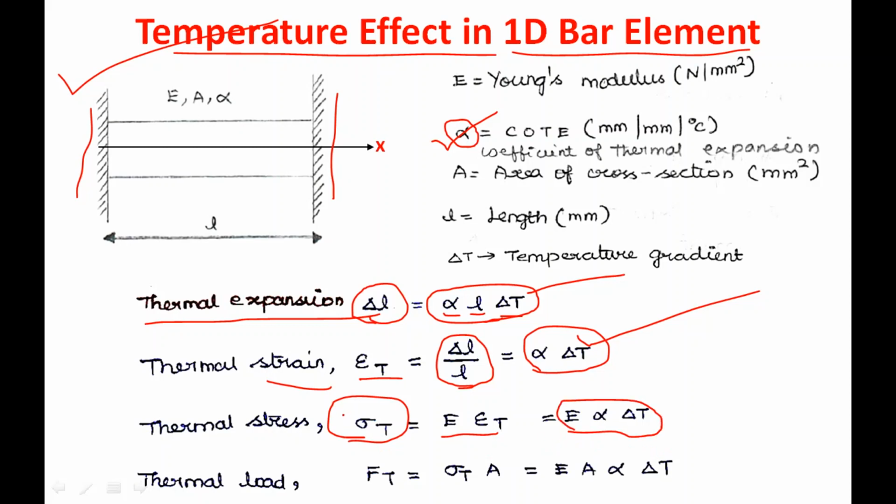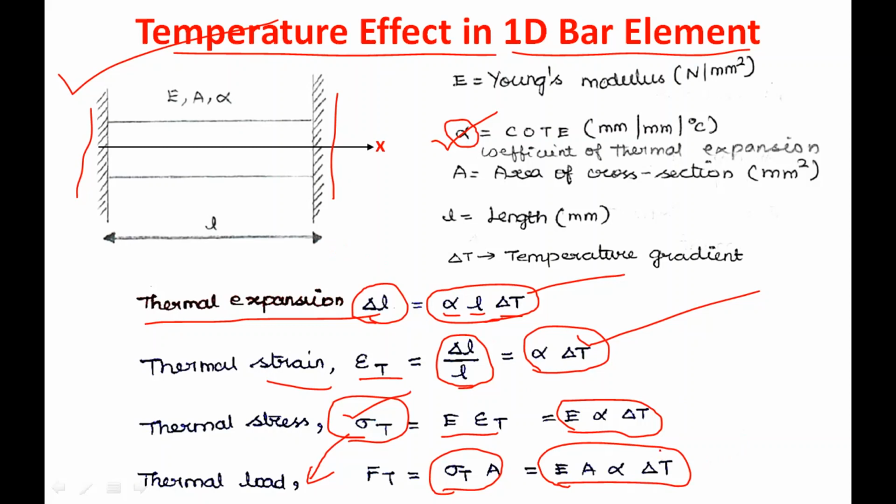Once you know the thermal stress, then we can calculate the thermal load in terms of stress. Stress multiplied with the cross-sectional area will give you the thermal load for the particular bar or particular member. So sigma T multiplied by A is equal to EA alpha del T. This is called the thermal load.